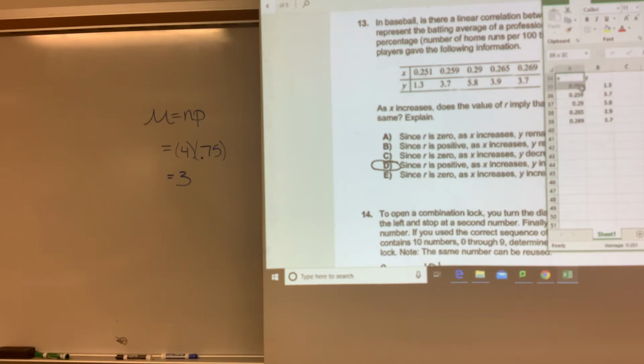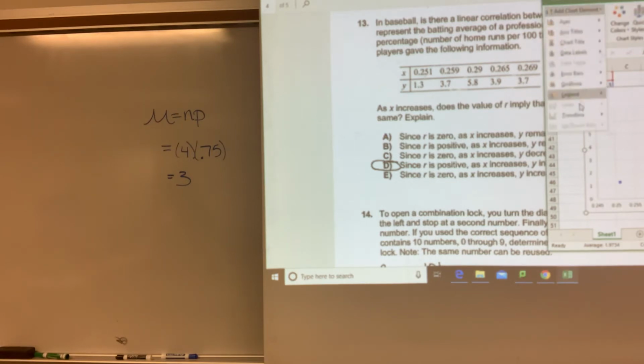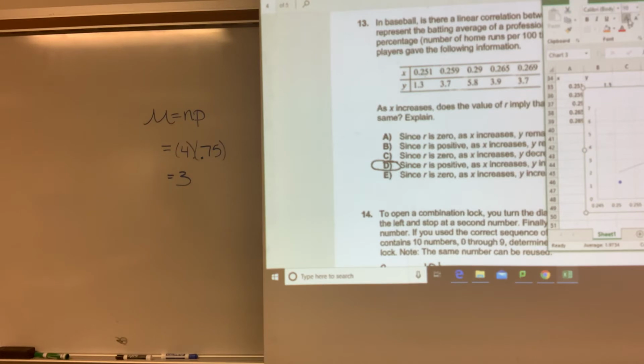I'm going to highlight that information, do insert, scatter plot, and then I want to do add a chart element, trend line, more trend line options, scroll down, get both my R squared and my equation. Let's make that just a scooch bigger there so that we can all see it better.